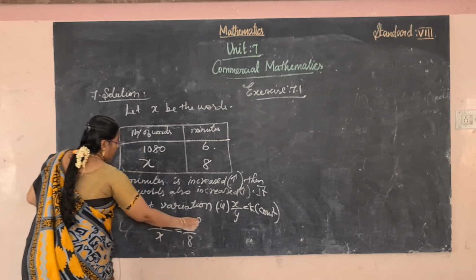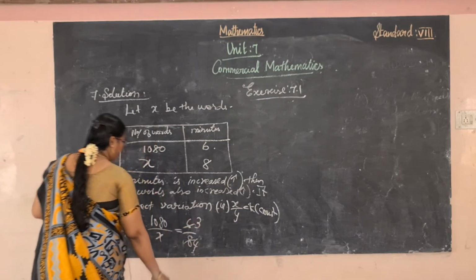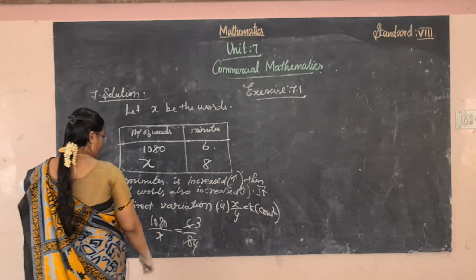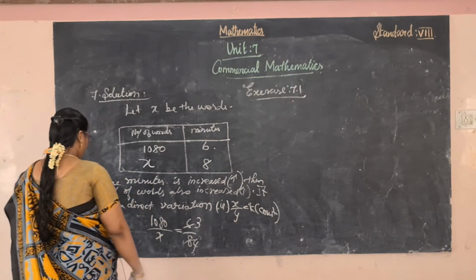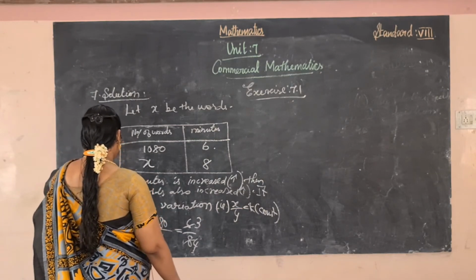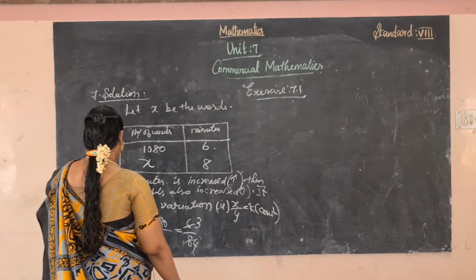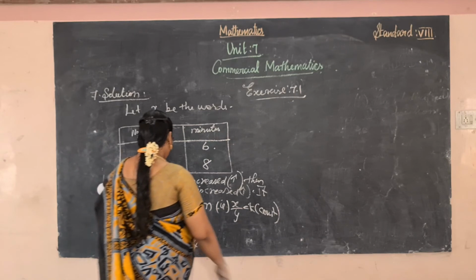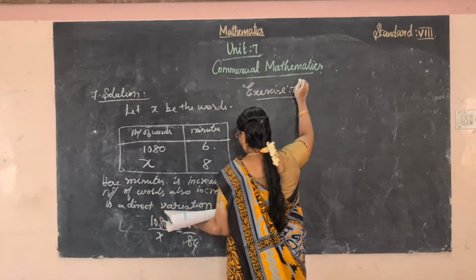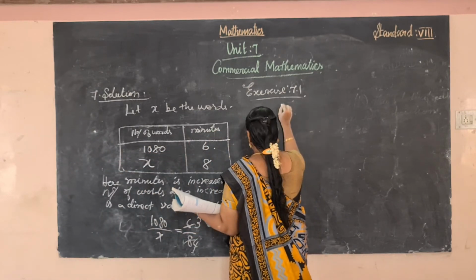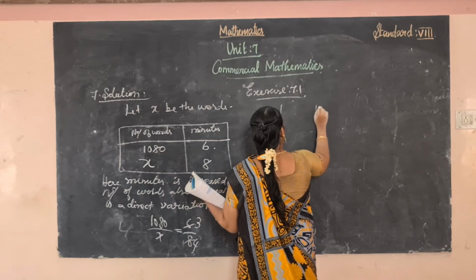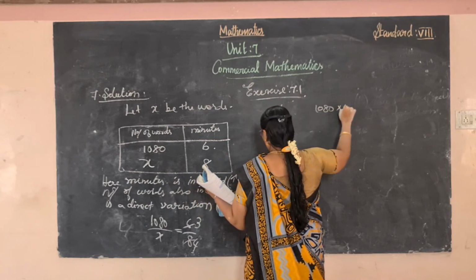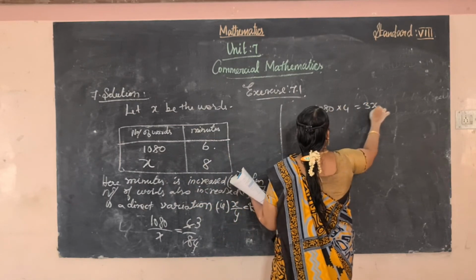Cancelling in the 2 table, 4. So cross multiply. 180 into 4 is equal to 3x.